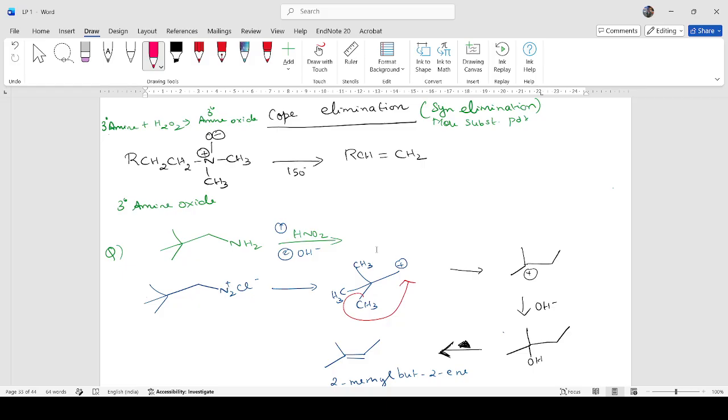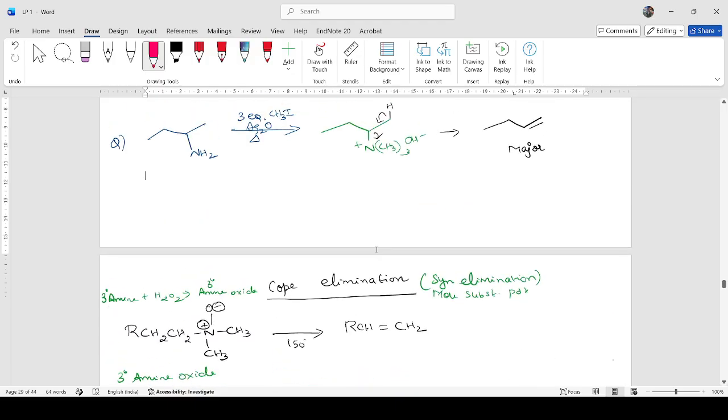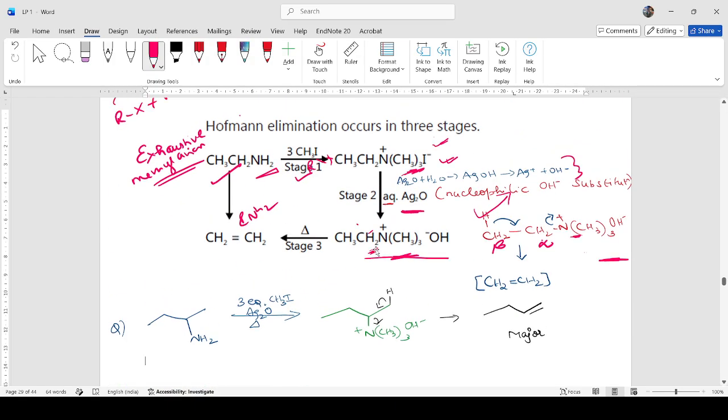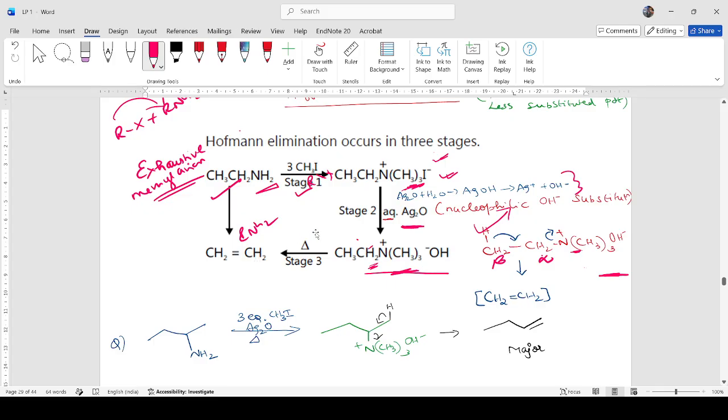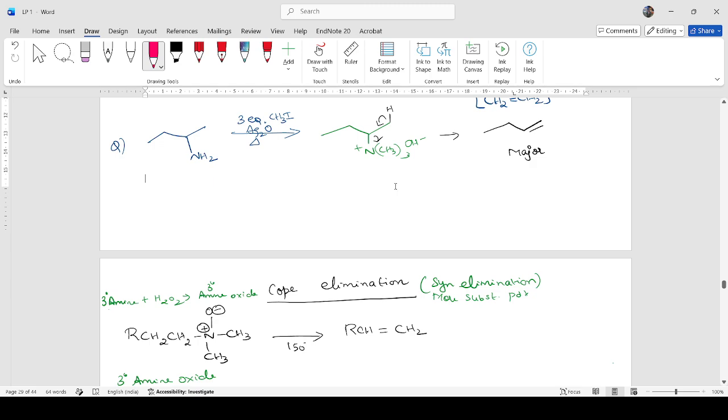So we start with a tertiary amine. Look at the previous case. It was a quaternary ammonium salt. Look at this case, Cope elimination.